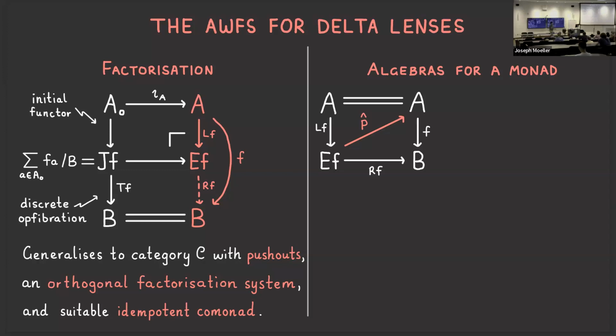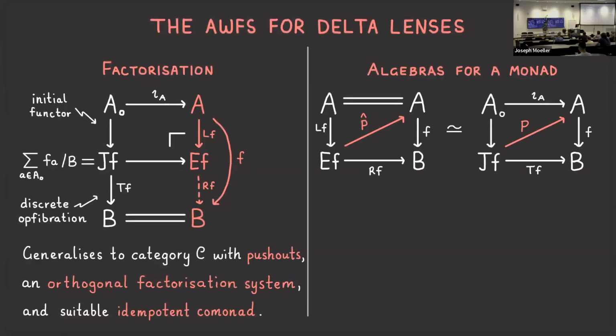is a morphism or a functor out of a push-out. And we know that push-outs are colimits, so when we look at morphisms out of them, we can rearrange that data into a different way. And when we rearrange the data, we get exactly this same data for these certain algebras for a semi-monad that we had previously for our delta lenses.